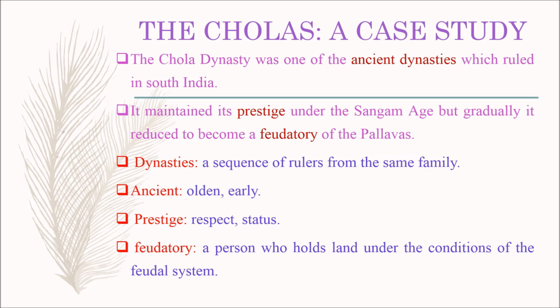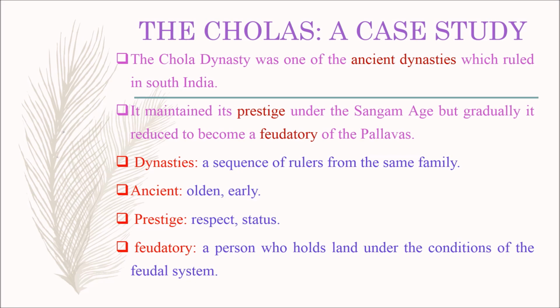Dynasties, ancient, prestige, feudatory. Dynasties means a sequence of rulers from the same family. Ancient means olden or early. Prestige means respect or status. Feudatory means a person who holds land under the conditions of the feudal system.